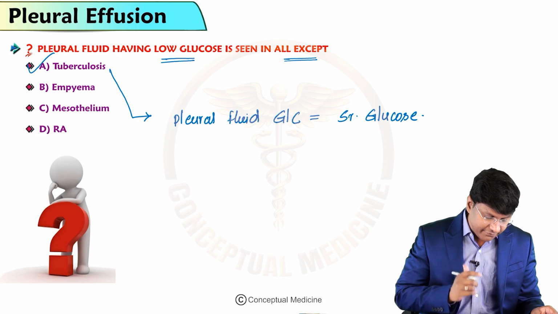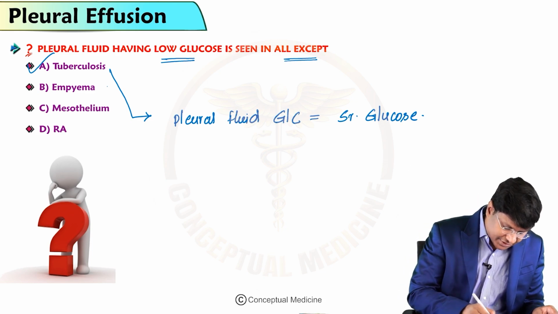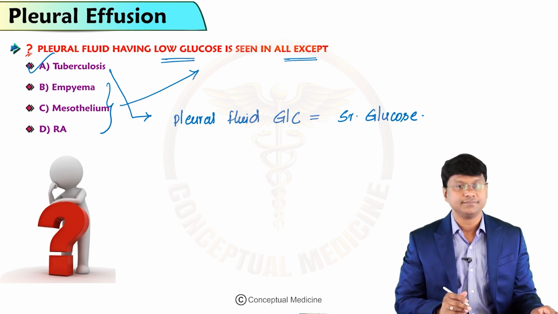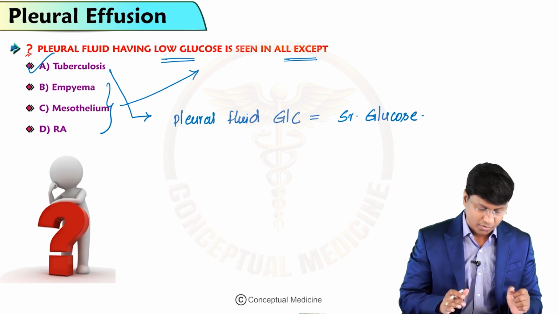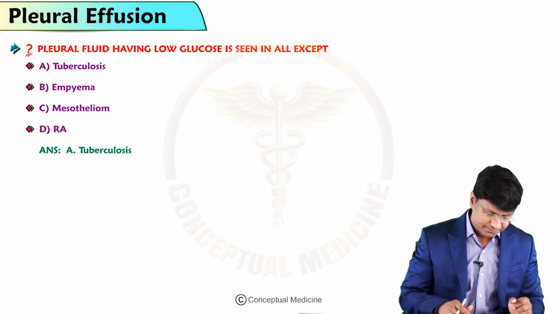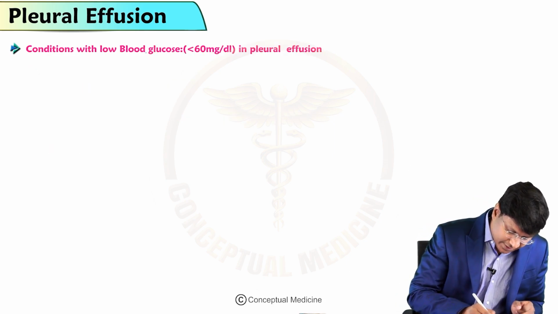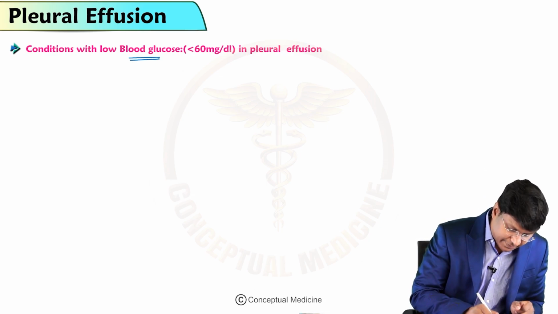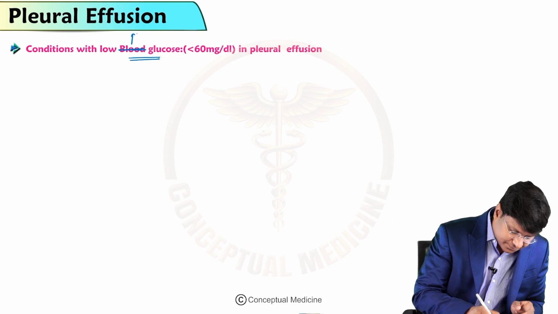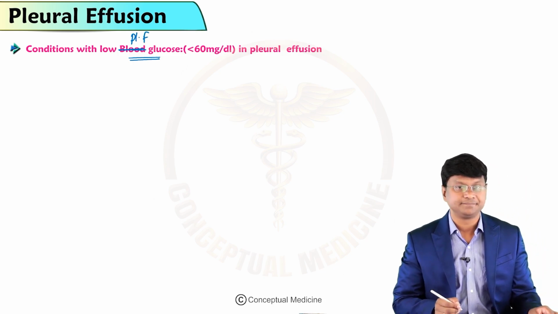Whereas in other conditions you have low glucose in the pleural fluid. Now, let me discuss all the conditions with low pleural fluid glucose, that is low pleural fluid glucose compared to that of the serum.